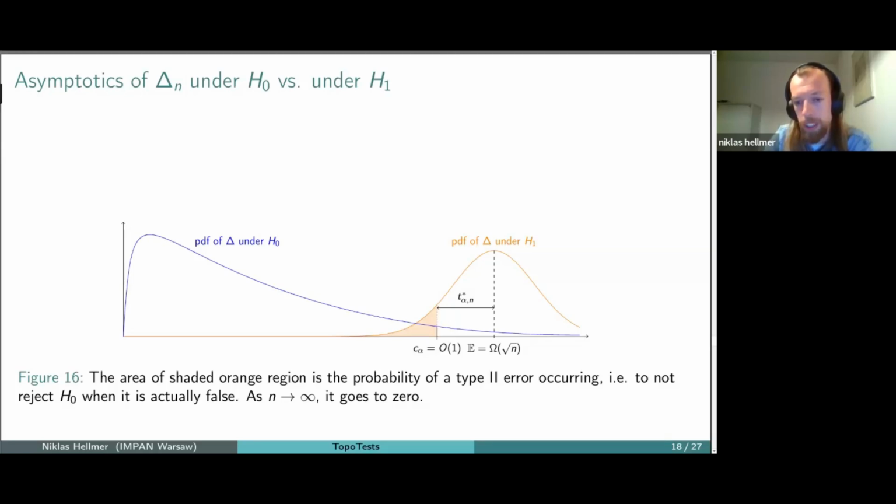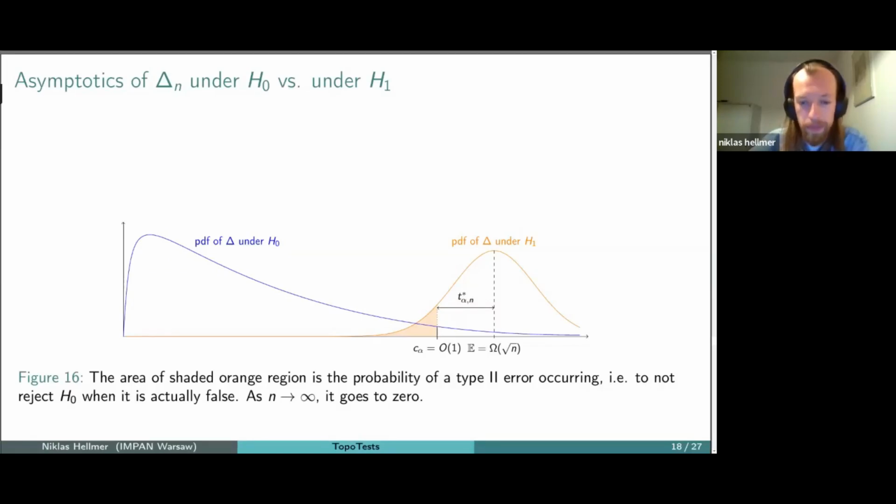So the distance between this expected test distribution in the case of the alternative hypothesis and the threshold is increasing. So this probability of making a type 2 error is just a tail probability. And so by some concentration of measure inequality, we can bound this and show that it goes to 0 exponentially as n goes to infinity. And if you're interested in the details, you can read our paper.